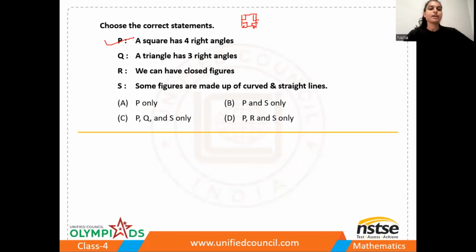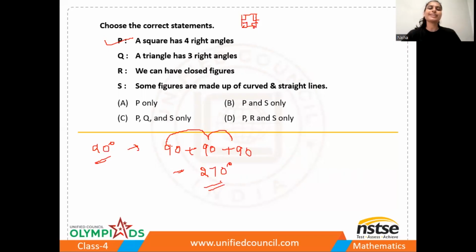The next one. A triangle has 3 right angles. A triangle cannot have 3 right angles, right? Right angle means an angle of 90 degrees. So let's suppose a triangle has 3 right angles. Then the sum of all the angles of a triangle is 90 plus 90 plus 90. 9 plus 9 is 18, and this is 27, 270 degrees.